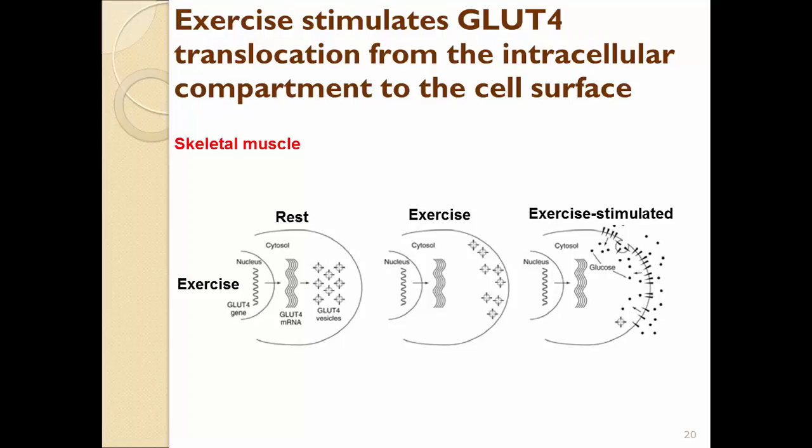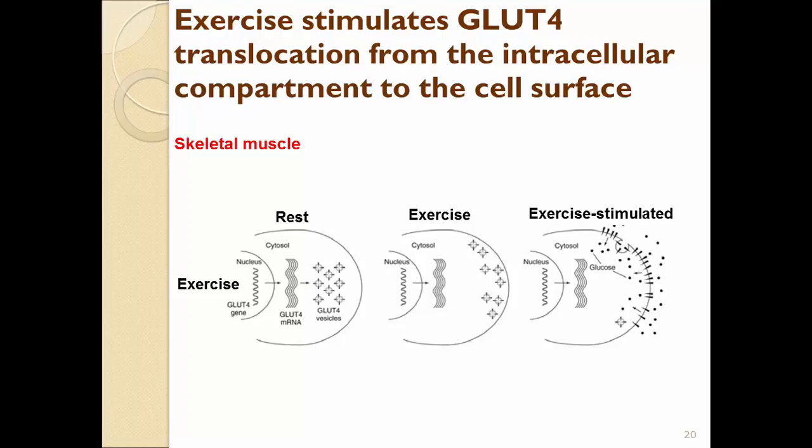And skeletal muscle, in addition to insulin stimulation, also responds to contraction, right? So both insulin and muscle fiber contraction can stimulate GLUT4 translocation to the cell surface in skeletal muscle.